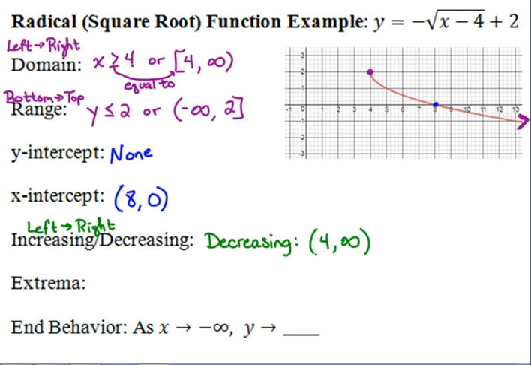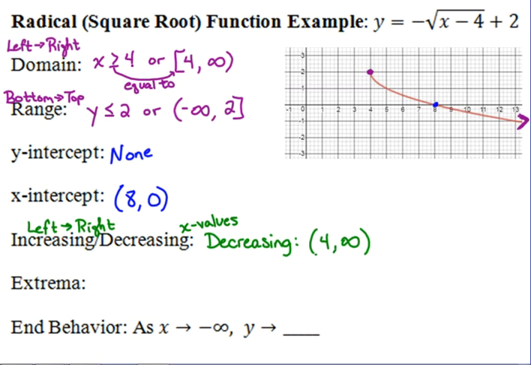Notice I use my x values here. Now, it messes with people a little bit, because with decreasing, we're talking about the fact that the y values are decreasing in value.